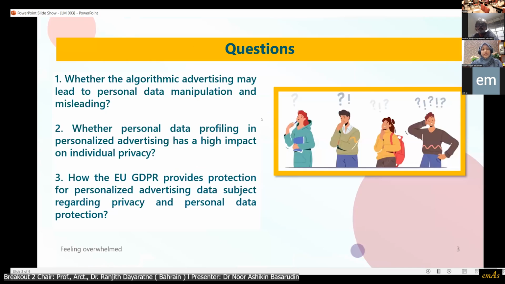So the issues here are whether algorithmic advertising may lead to personal data manipulation and misleading. Okay, whether personal data profiling in personalized advertising has a high impact on individual privacy. And the last question is how the EU GDPR provides protection for personalized advertising data subjects regarding privacy and personal data protection.